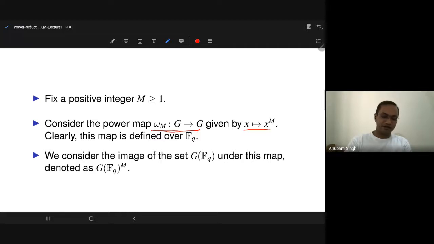This is clearly a morphism of algebraic groups, since G is an algebraic group here. Not just that, this map is defined over the field F_q.